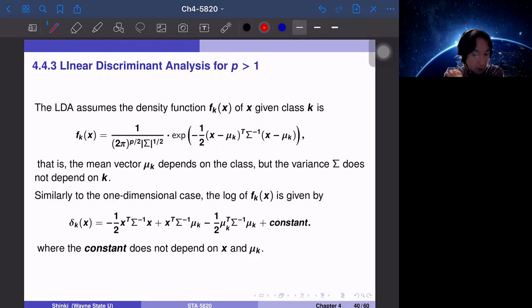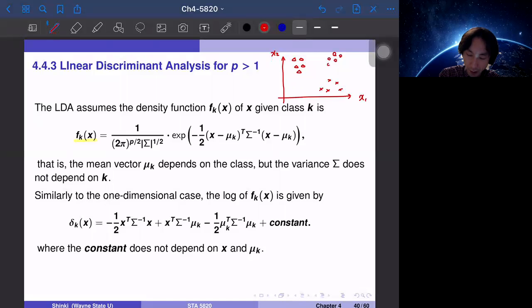So we define the f sub k of x here, and our interest is the boundary between the two groups. Given we have data with 3 groups, suppose one group is around here. This is x1 and this is x2, so 2 predictors, and the second group is here, and the third group is here.